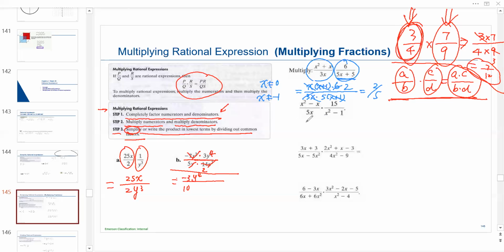Okay, let's see the second example here. The top one, we first factor completely, times 15. What's the bottom part? 5x. What about the right part? Here can factor into x plus 1 times x minus 1, right? So keep this in mind, x cannot equal 0, x cannot equal -1, x cannot equal +1.